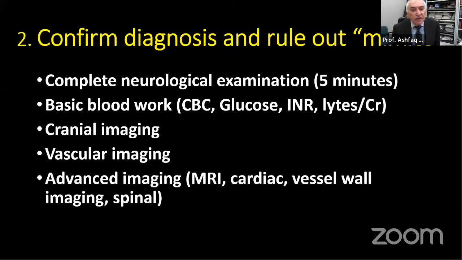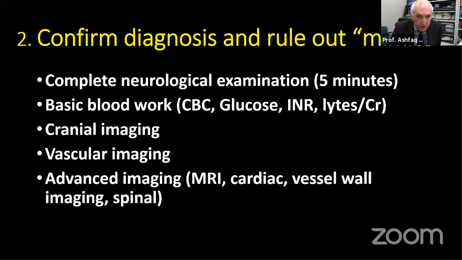They may also have eye deviation. They may have a hemianopsia on the right side also. This should be very quick. These things should happen within 5 minutes, and this is what we train our residents and fellows to do.